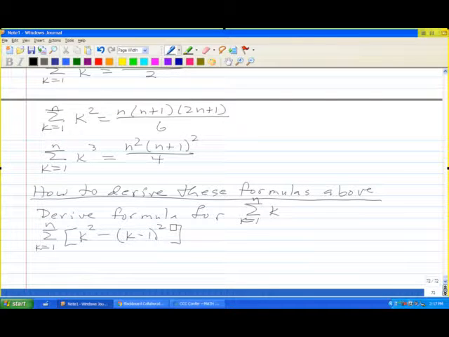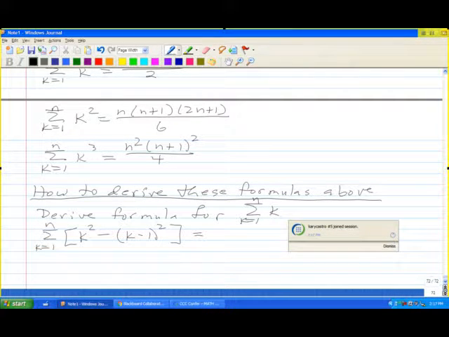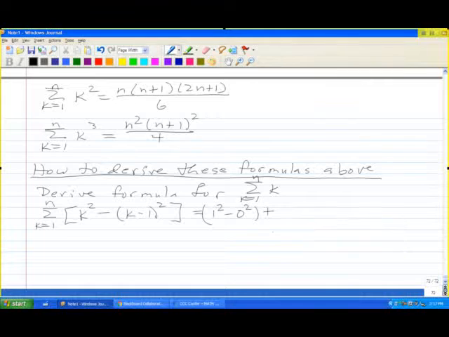Okay, well, first off, let me just write out each of these terms. Plug in k equal 1: 1 squared minus 0 squared. Let's do the next term, plug in k equal 2: 2 squared minus 1 squared. Plus, plug in 3: 3 squared minus 2 squared.